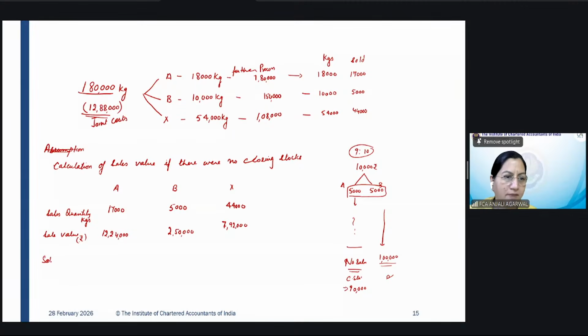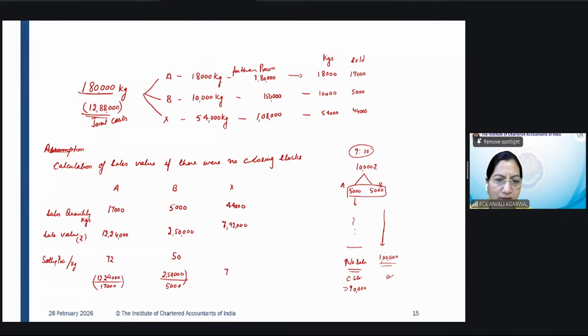Selling price per unit: 12,24,000 divided by 17,000. This is 72 rupees per kg. 2,50,000 divided by 5,000. It is 50 rupees per kg.